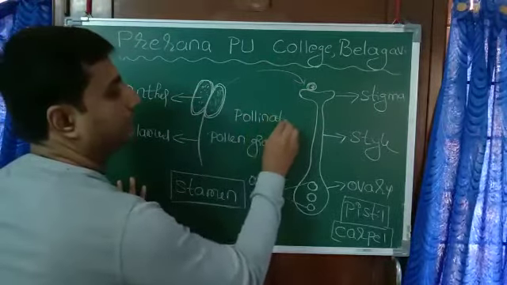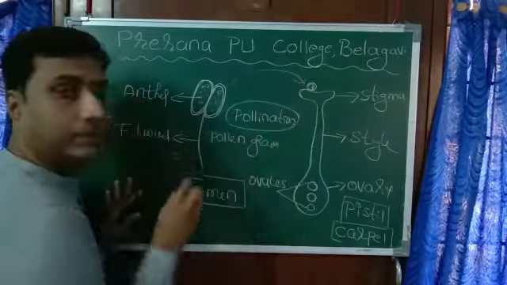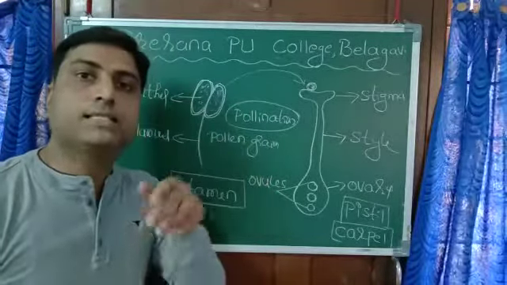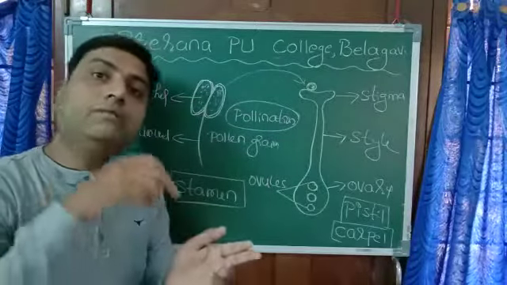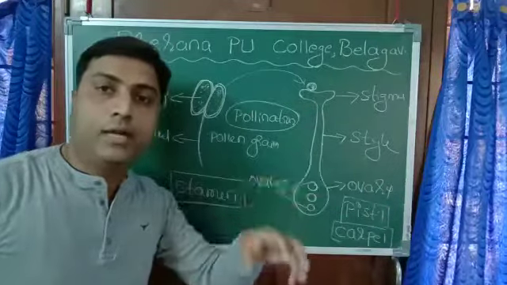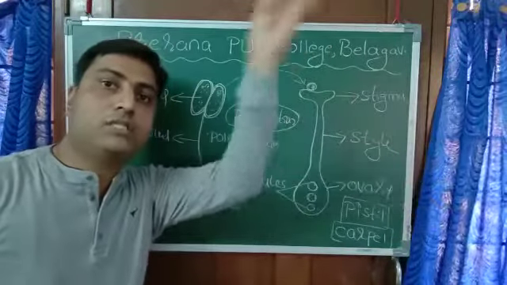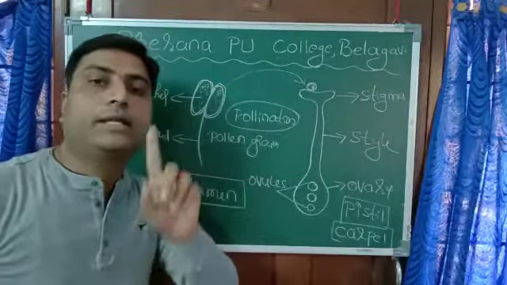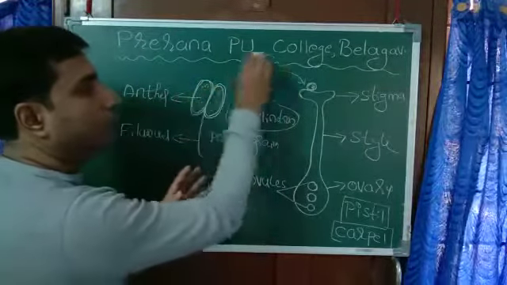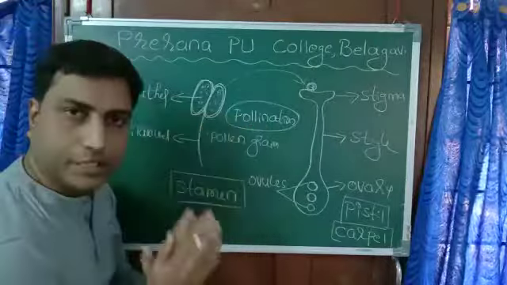If the pollination occurs in the same flower, we call it self-pollination, and if the pollination takes place between two different flowers, pollen grain from one flower falling on the stigma of another flower, we call it cross-pollination.